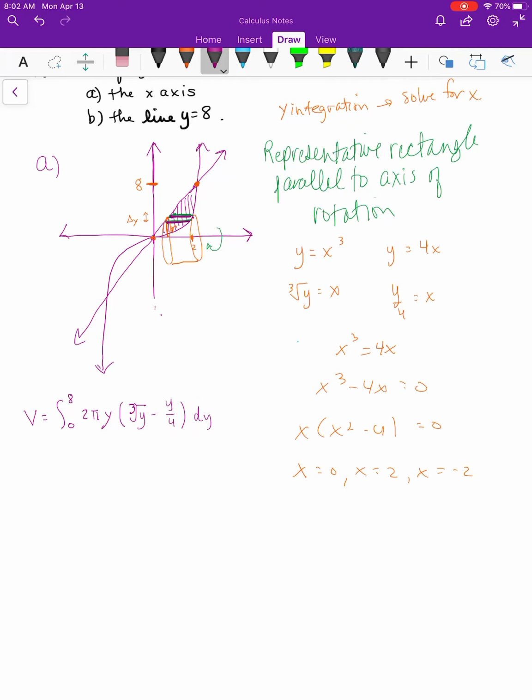So that's going to be the cube root of y minus y over 4 dy. So bring your 2 pi out in front, and I'm going to distribute the y. So this would give me y to the 4/3 minus y squared over 4 dy.